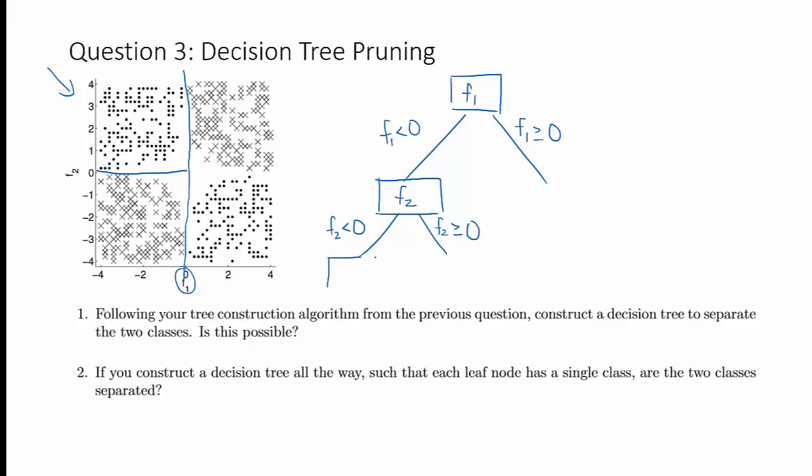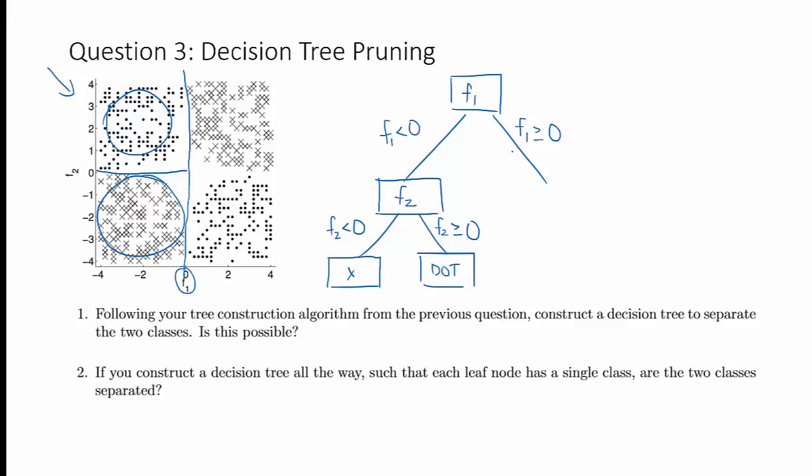Then for all the points where F1 is less than 0 and F2 is less than 0, we're in this area here, so we're going to classify these points as an X. And likewise, for F2 greater than or equal to 0, but F1 less than 0, we're in this group here, and so we're going to classify this as a dot.